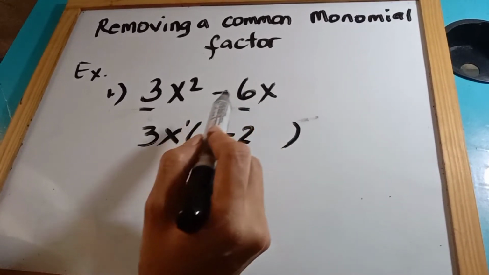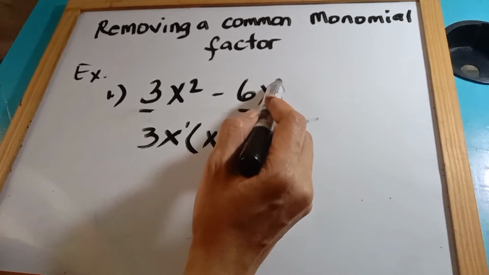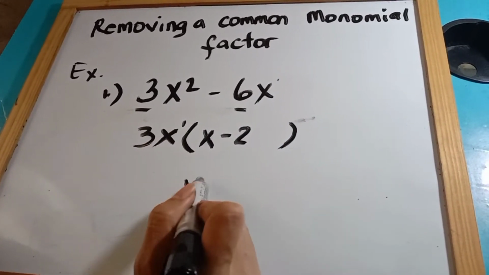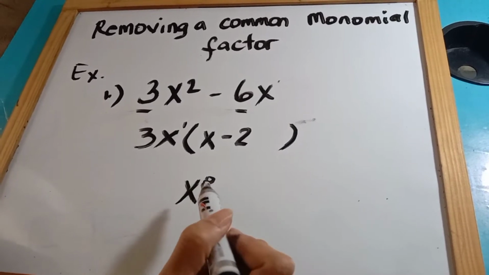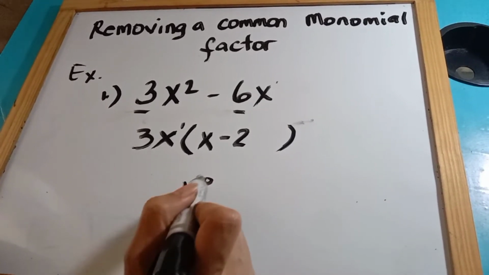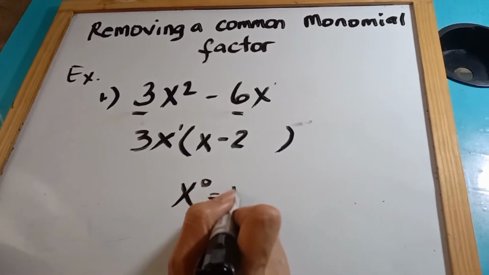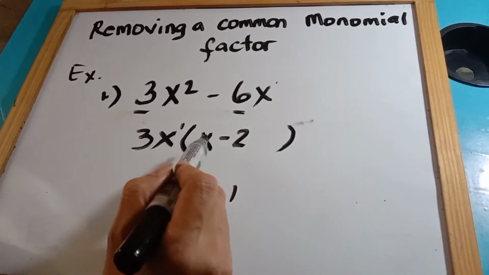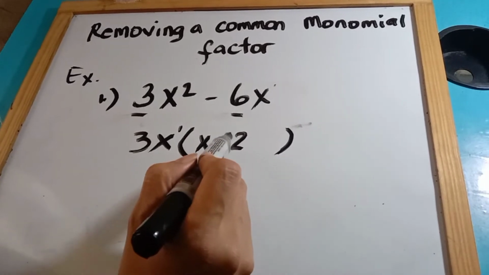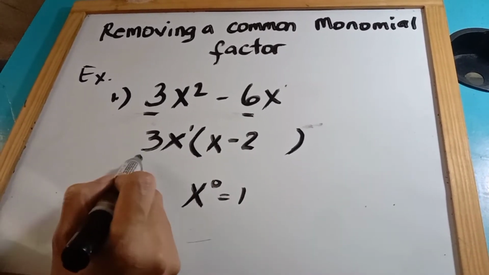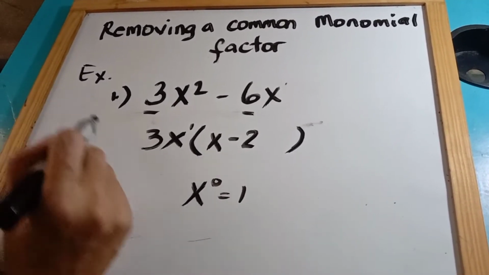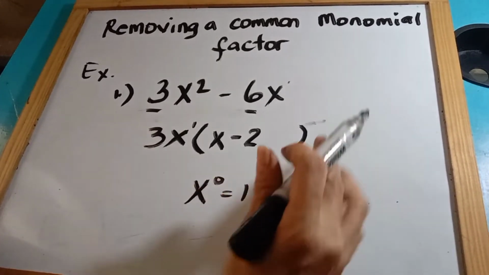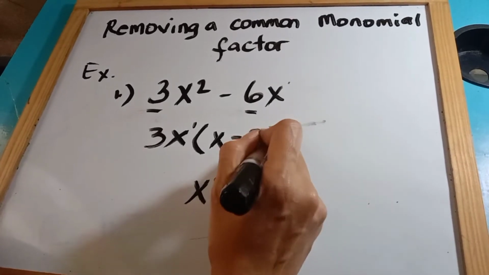And then x divided by x, so 1 minus 1, that is x to the 0. So any number raised to the 0 power is equal to 1. So hindi na natin ilalagay yung 1, simply x minus 2. So the factor of our first example is 3x times x minus 2.